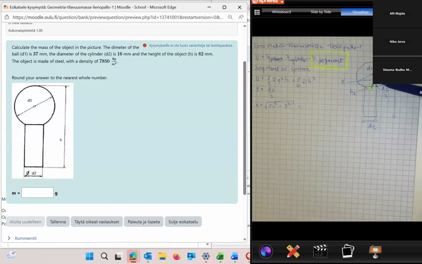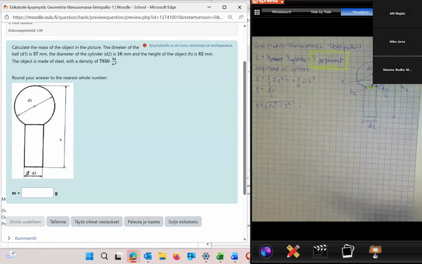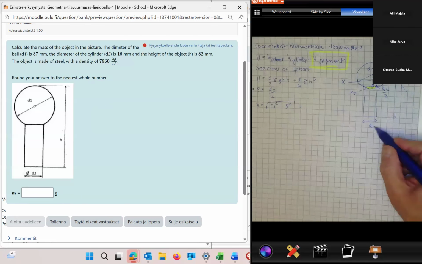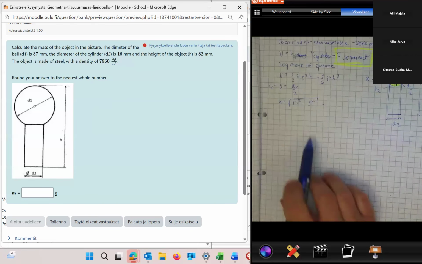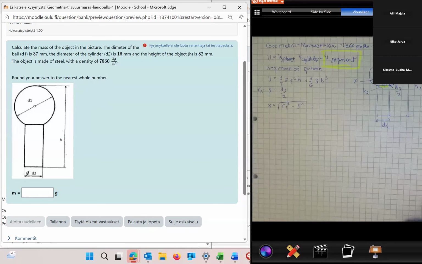So here's the radius of the ball, here's the radius of the cylinder, and then I can solve this. So I marked it with this whatever rho, but it's also the R2, which is of course half of the diameter. So then I get something, but everybody has their own values, so I'm not gonna write any.